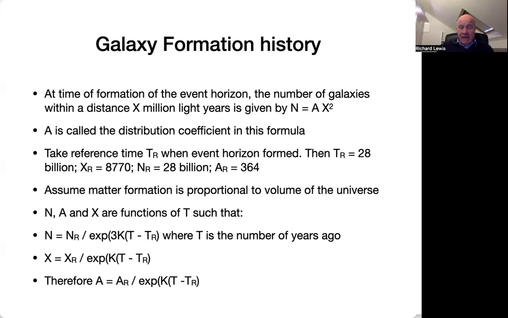So that means that our N value is going up by a factor of around 20, E cubed. And we know the distances are going up by a factor of E every 14 billion years. So that means that the distribution coefficient, starting from 364 at TR, will reduce by the factor E every 14 billion years.